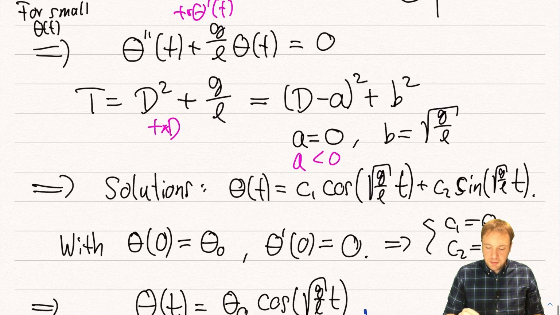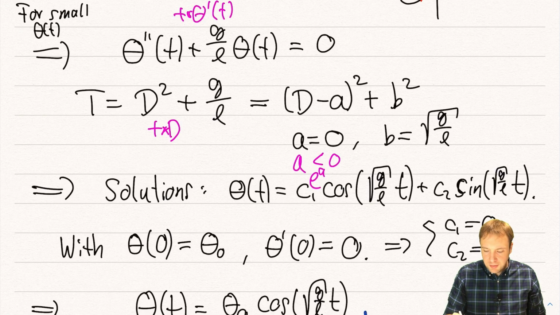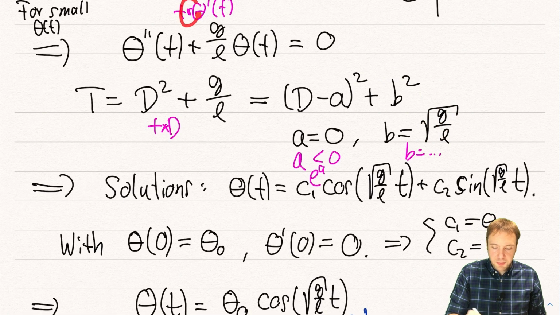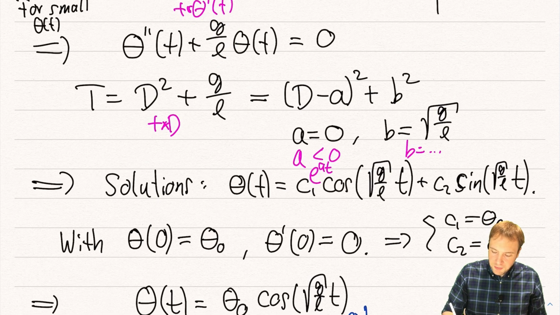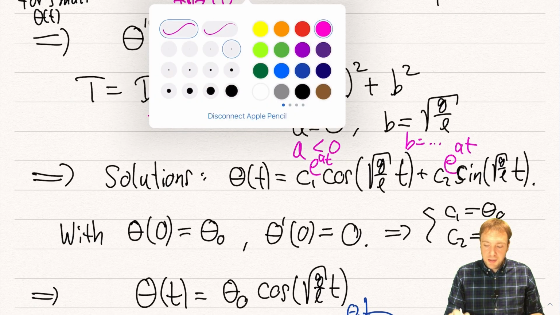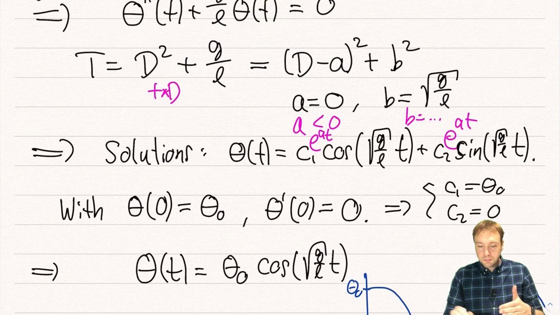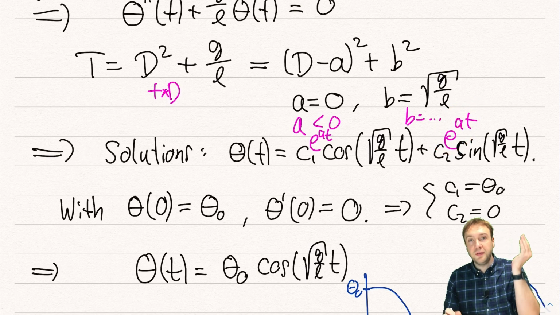And what does this mean? Well, if we have this additional factor here, then of course we will also get a different b. So this b will not be just this, it will be something else, depending on this friction parameter and this g over L. But the main point is that we will get a factor e to the at, where a is a negative number, and then if t increases, then e to the, let's say minus t for example, goes slowly to 0.